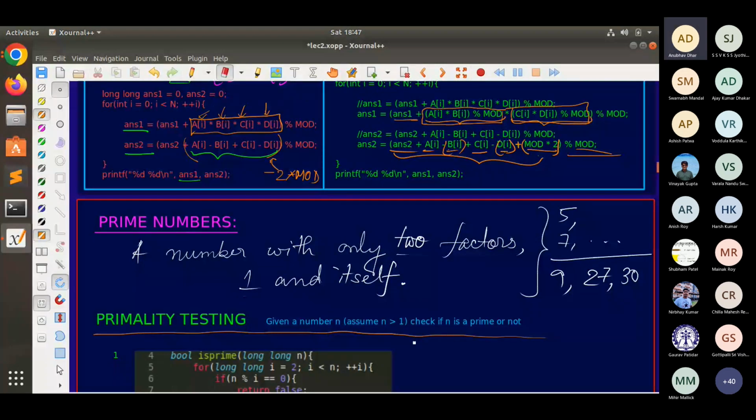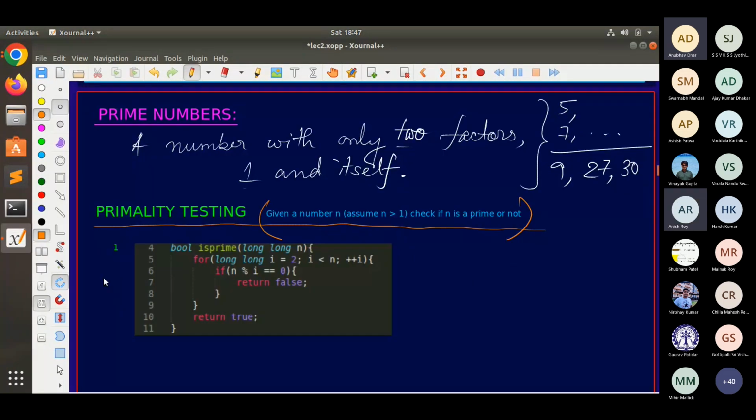So this is the problem. Given a number n, assume n is greater than 1. Check if n is a prime or not. So how do you do this? I've given a code over here, but if anyone would like to tell. Then checking for the whole range, we can stop at i less than root n.